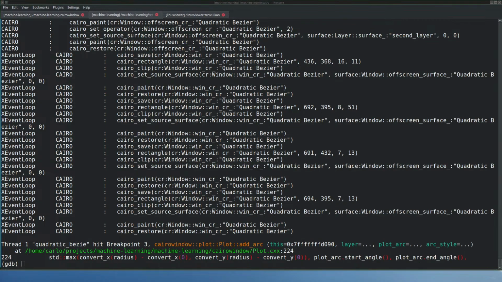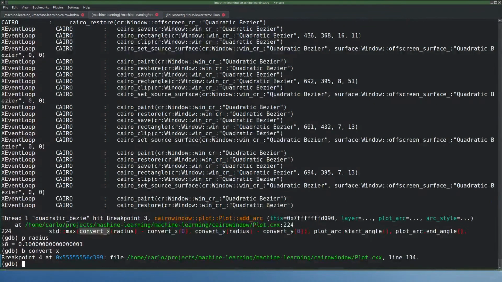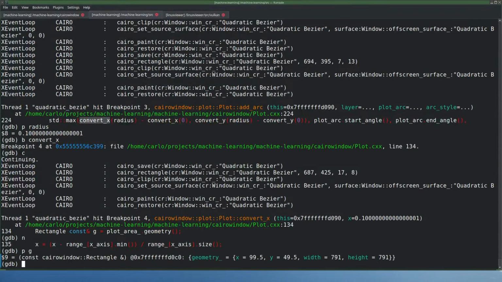Well, that did work. So radius is 0.1, and I want to break in convert X, for example. Continue. Next, print G. Oh, looks about right.